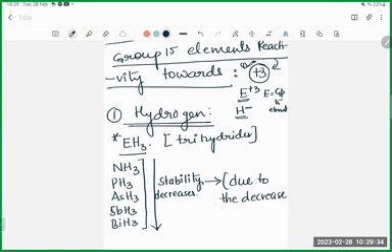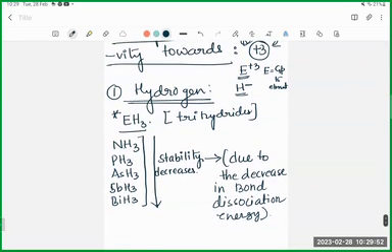Due to the decrease in bond dissociation energy. Okay, so ammonia, if I'm asking a question, for example, in group 15, ammonia is highly stable.